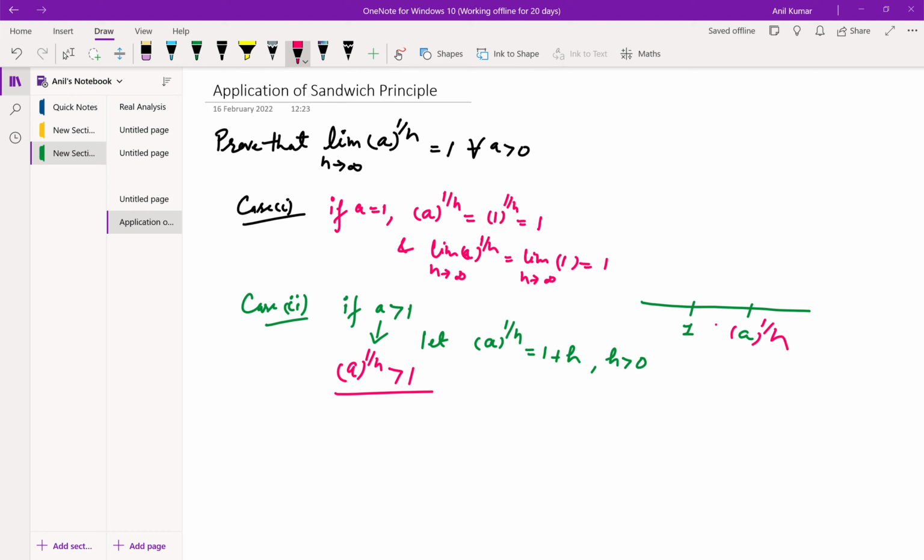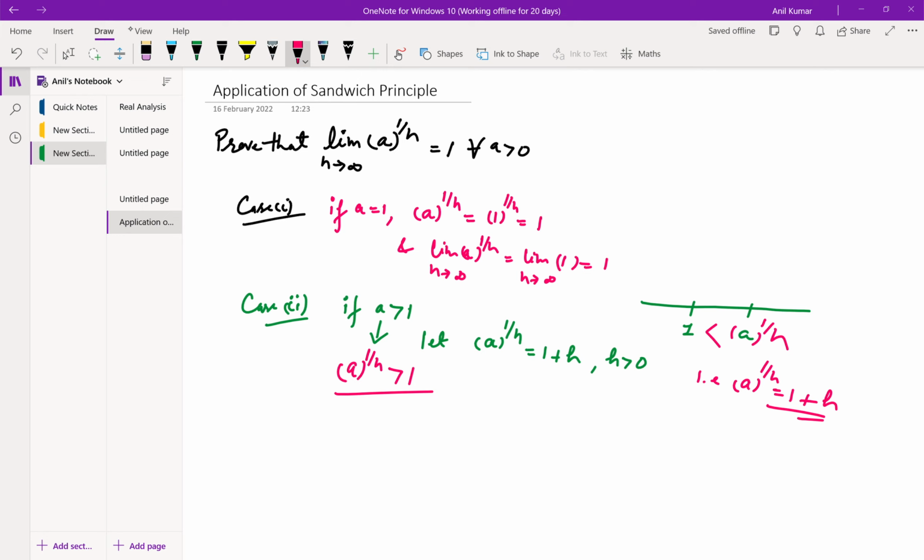It means कुछ ना कुछ हमें इसमें कुछ ऐड करना पड़ेगा, some positive number, because it is greater than 1. So it is nothing but 1 plus some positive number h. That's what we have written here.